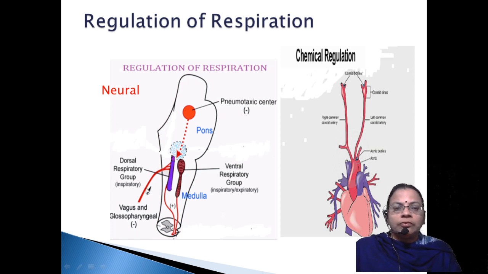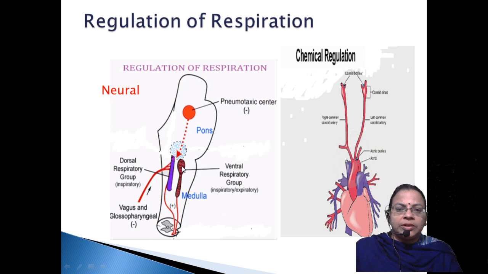So, whenever there is a requirement of any modification in the respiratory rate or in the depth of respiration, that will be sent to the brain. How it is sent: in breathing, inspiration is an active process and expiration is a passive process. So mainly the dorsal respiratory group will regulate the process of inspiration.